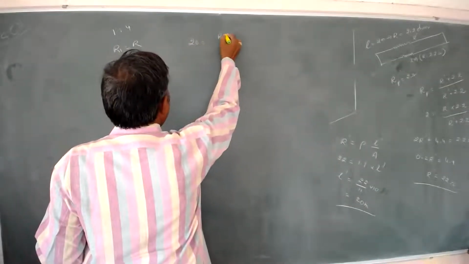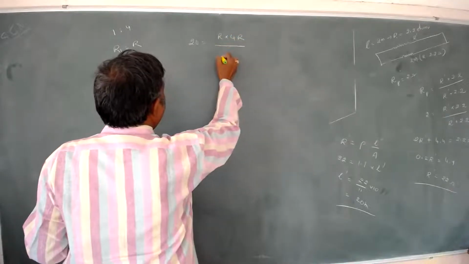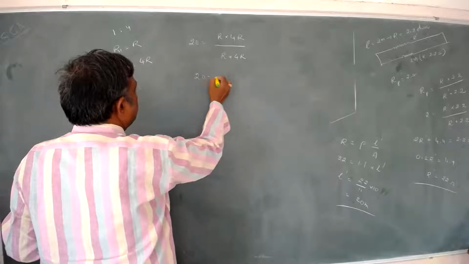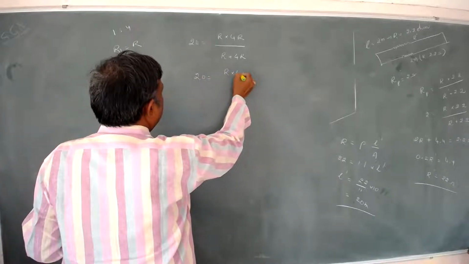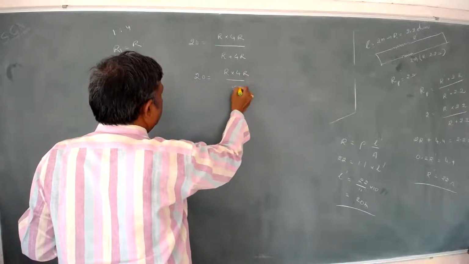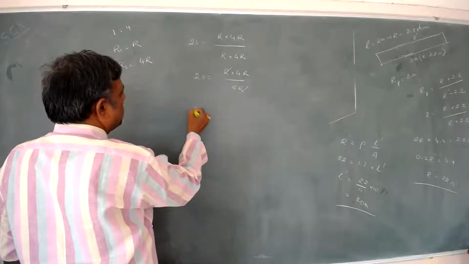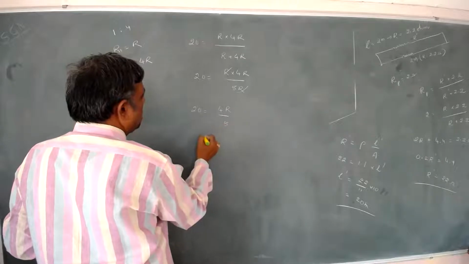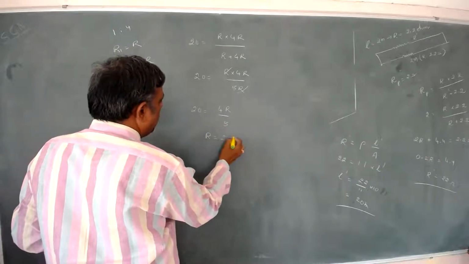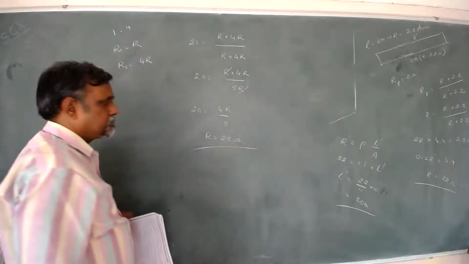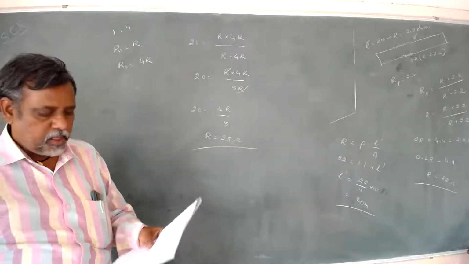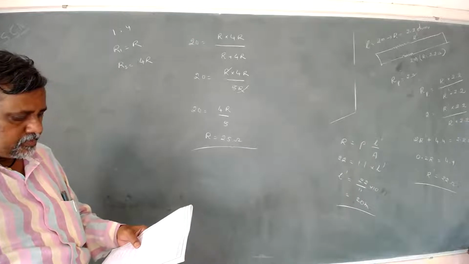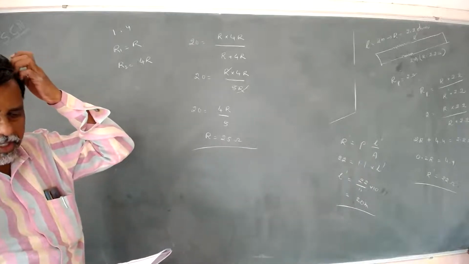So 20 is equal to R into 4R divided by R plus 4R, that is 20 is equal to R into 4R divided by 5R. So R is equal to 25. So one resistance is 25 ohm, and the other one is 100 ohm. Now coming to the next one.